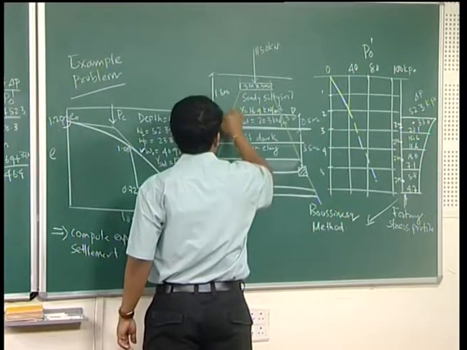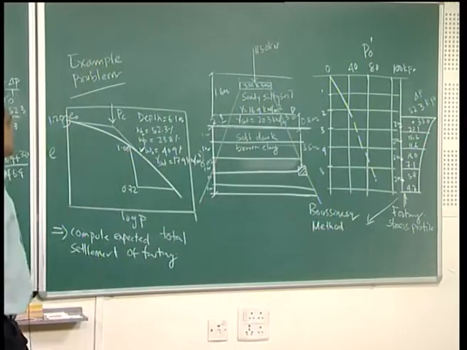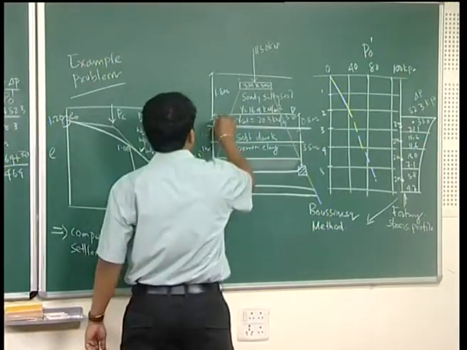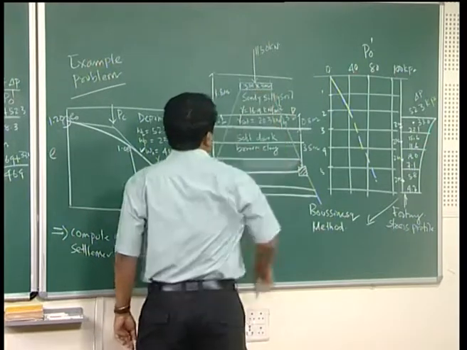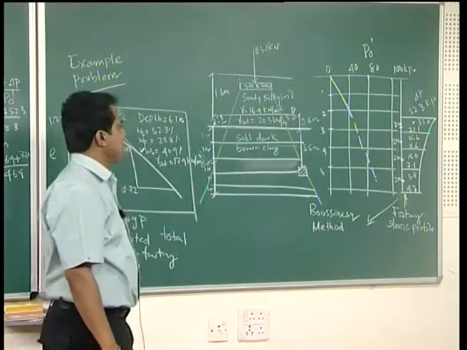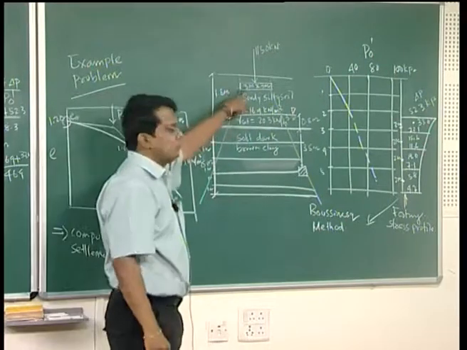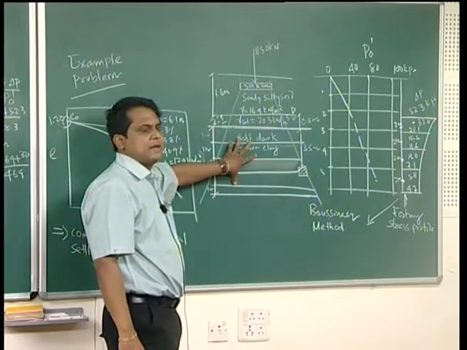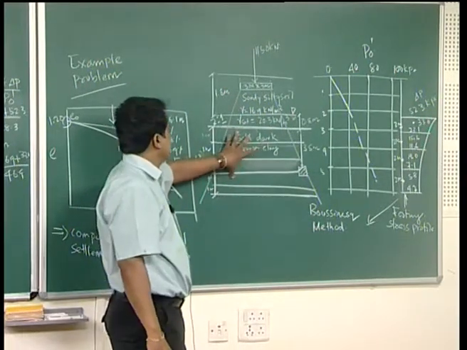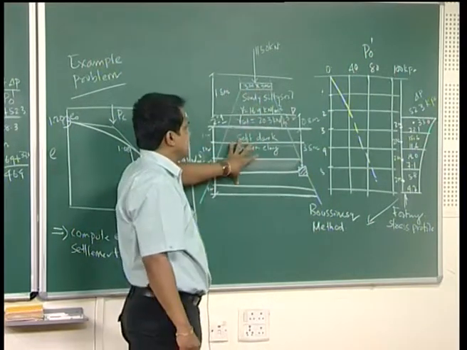Here, because this is a point load acting upon this footing, Boussinesq's theory has been used to find the increase in stress because of the footing in this clay layer, because consolidation settlement is going to occur in this clay layer.